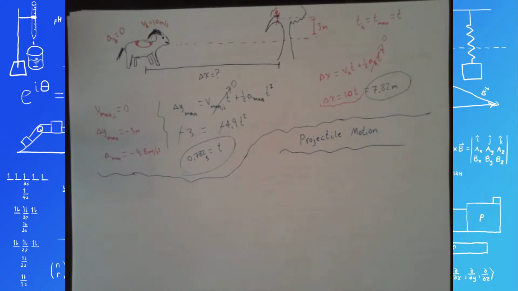Now, technically, we could go into the broader topic of two-dimensional motion. We will see another type of two-dimensional motion in a later chapter, circular motion to be specific.